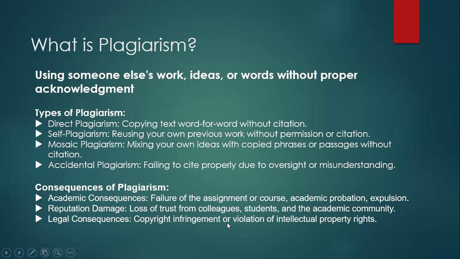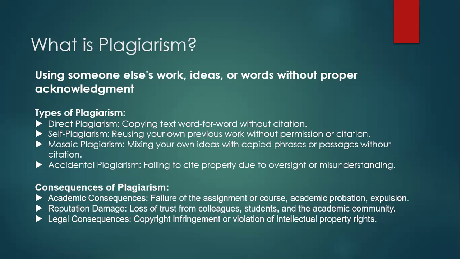The other thing is plagiarism. As I mentioned, the university uses Turnitin to try and detect plagiarism. It's very difficult. A lot of plagiarism is accidental, which is one of the types of plagiarism. And it usually just comes from either not understanding how to cite something or citing something improperly.